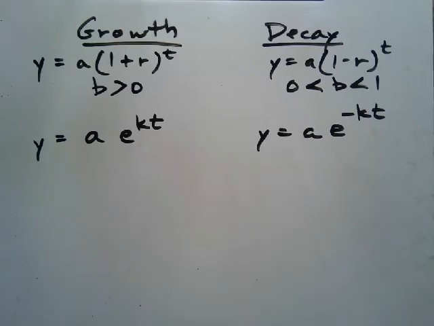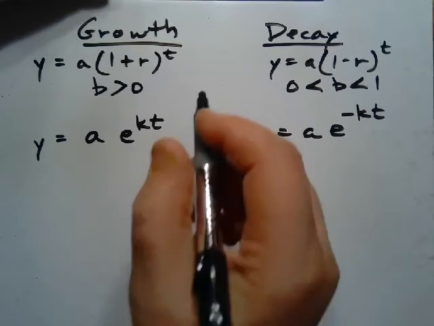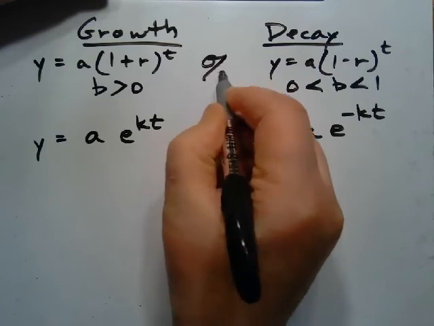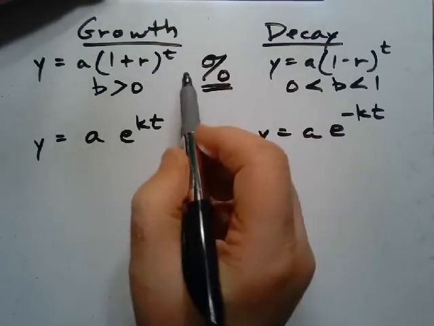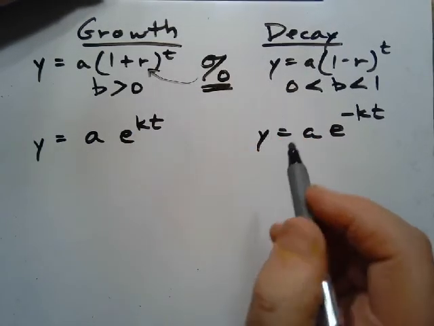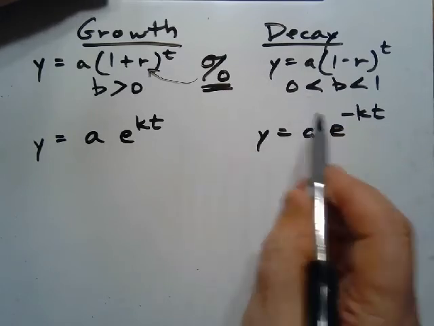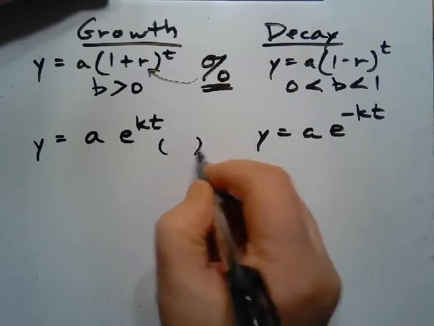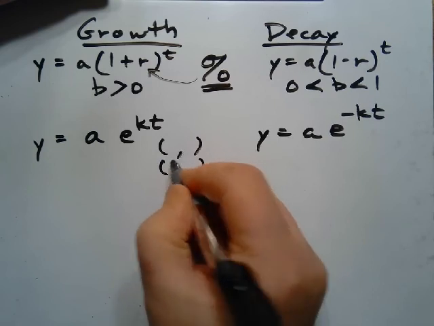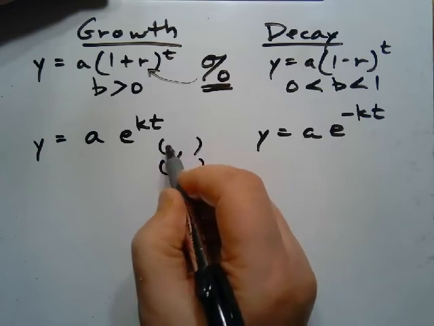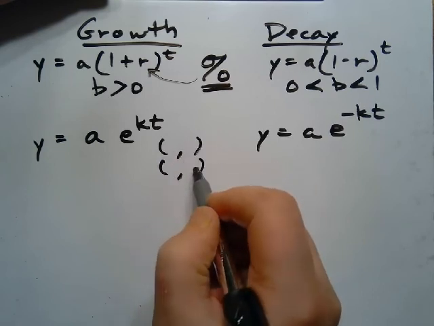So the 2 formulas are very useful. The scientists like to use this one. When do you use these? Well, this one is used when they give you a percent in the problem, and you put that percent right in here for R. This one is used more often when you have 2 ordered pairs in the problem. They'll give you an ordered pair with a time and a y value, and another time and y value.